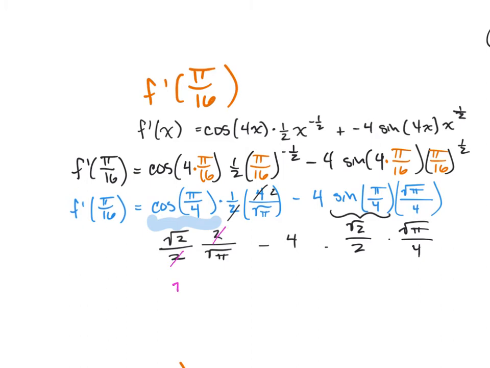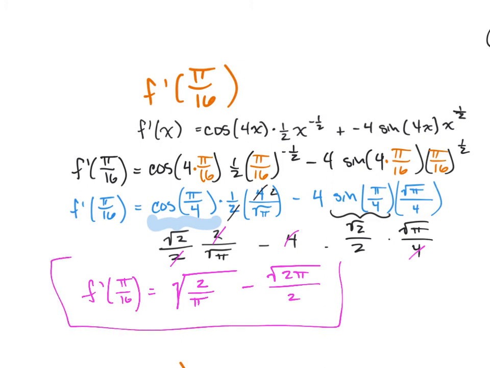Over here we just have the square root of 2 over pi minus, that will simplify, and then we'd get the square root of 2 pi over 2. That should be our f prime of pi over 16. And I'm pretty sure that's about as simplified as I can get. You can also just plug it into a calculator. I'm totally fine with that.